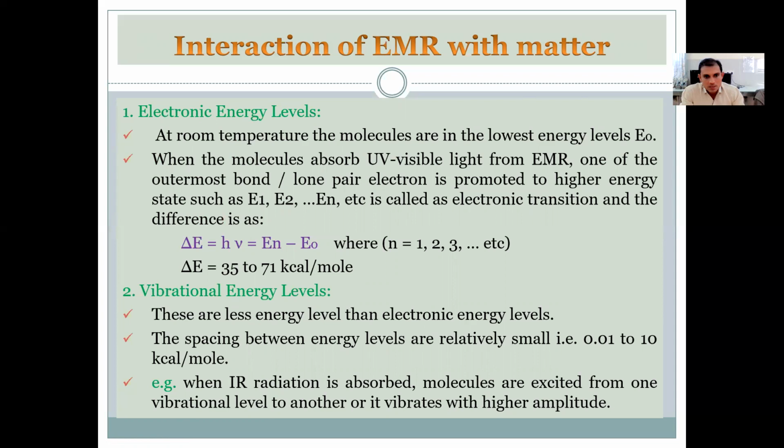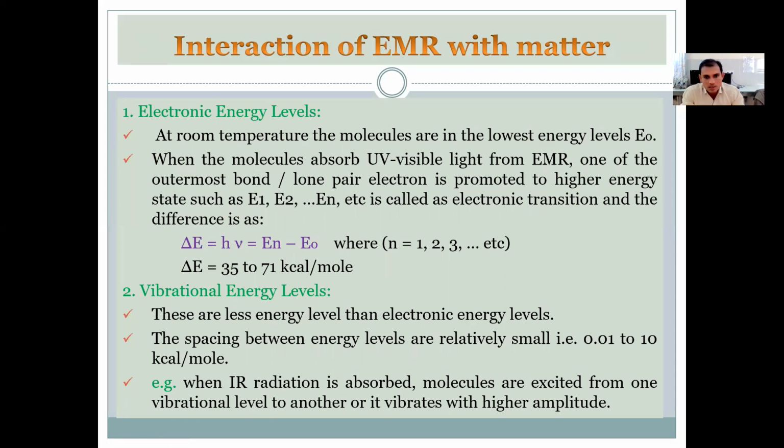And energy is 35 to 71 kilocalorie per mole. Vibrational energy levels are lower in energy than electronic energy levels. Comparatively, the vibrational energy level is lower than the electronic energy level and travels with low energy in molecules.